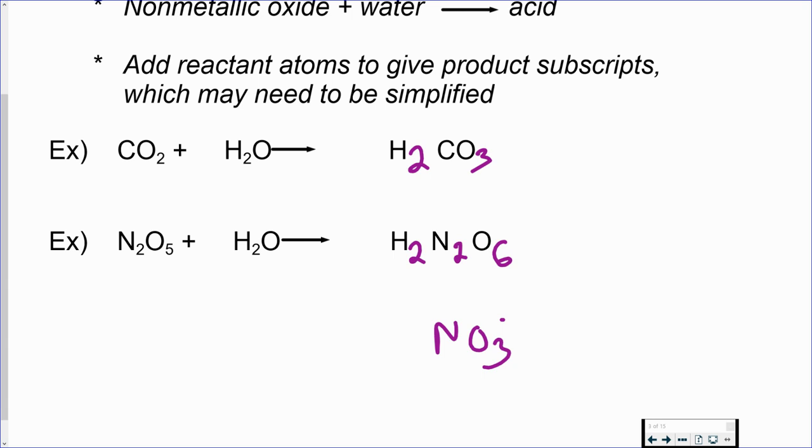That means that for every N and 3 O's, I need 1 H. So really what you could do is pull a 2 out, and you get 2 HNO3. These are some of the more difficult of the synthesis because you guys just need some practice on knowing what kind of acid it's going to make.